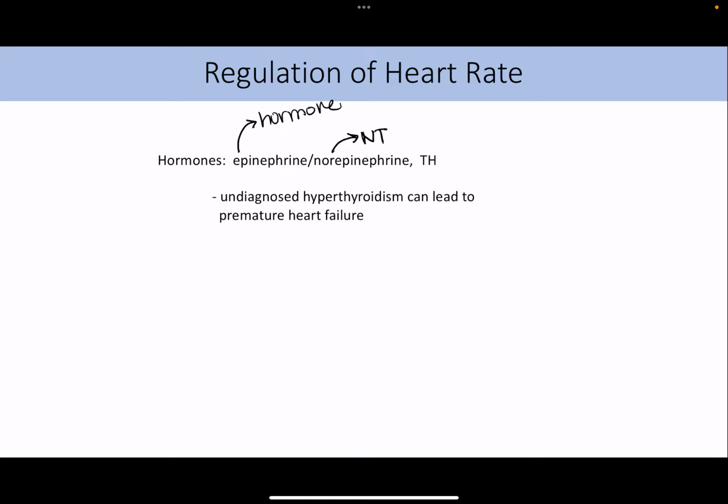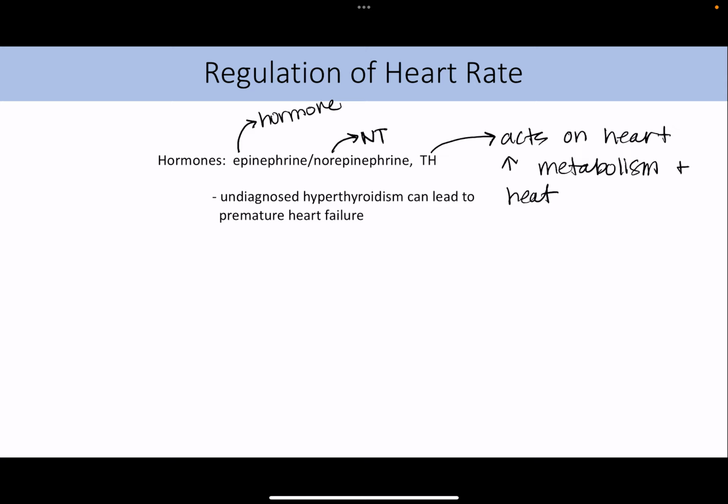But also, thyroid hormone enhances the effect of epinephrine and norepinephrine. What kind of hormonal interaction is that? If thyroid hormone enhances the effects of norepinephrine and epinephrine. Synergism.